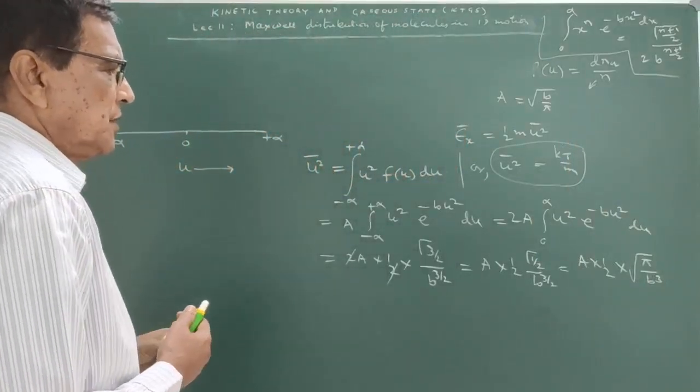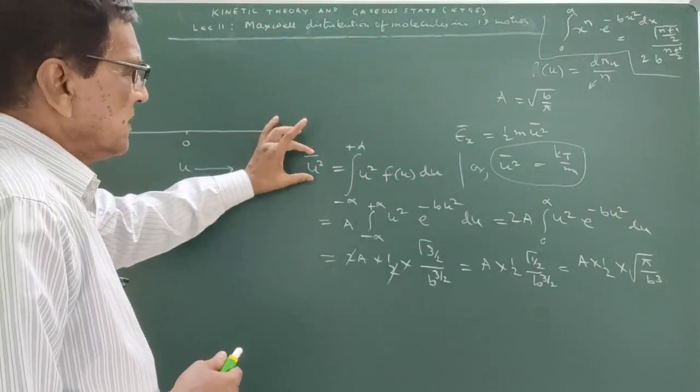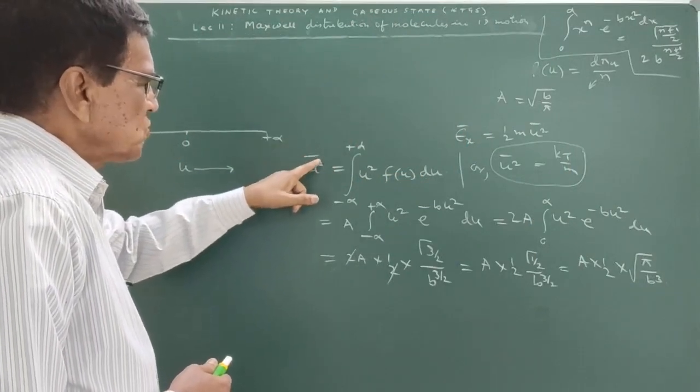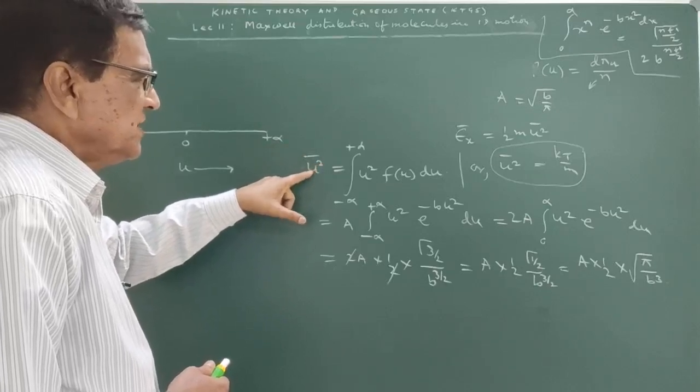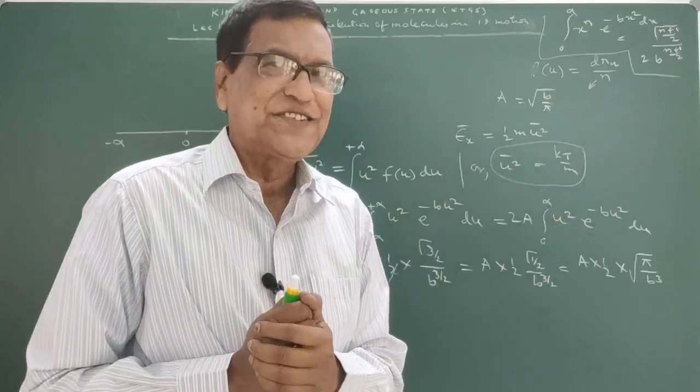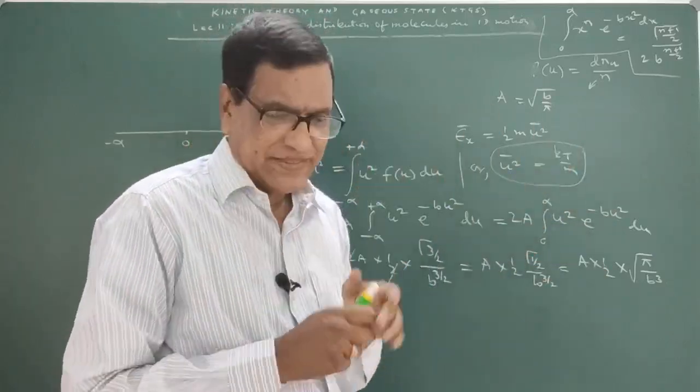So this is the u square bar, the mean square x component velocity, and its value from the kinetic theory of gas we have already deduced, kT by m.